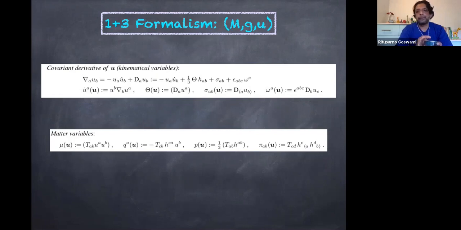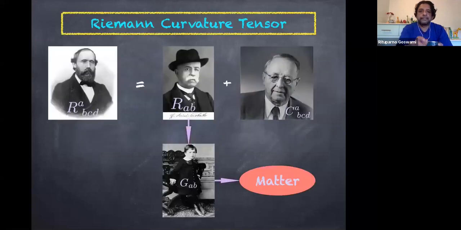So all these are our kinematical variables. And now we want to use the geometric equations for these kinematical variables to find out how they evolve. Now, the obvious question you might ask is, where is the physics? Where is Einstein's field equation coming in? Well, the physics is coming like this. The Riemann tensor, as we all know, can be nicely divided into its trace and trace-free part.